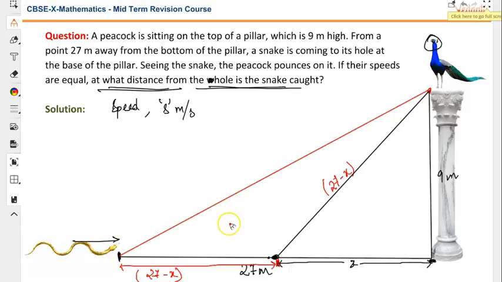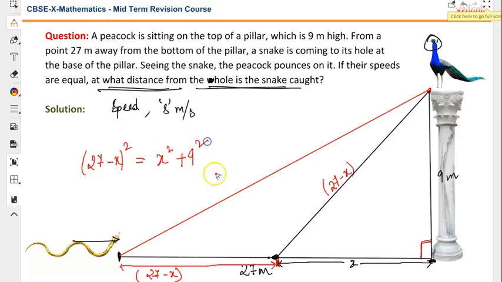Done guys? So basically it's very simple. You have this triangle, the black triangle. This is a right angle triangle, and you can apply the trigonometric thing here. Hypotenuse square is the sum of the side squares, so 27 minus x whole square should be equal to x square plus 9 square. That's it.